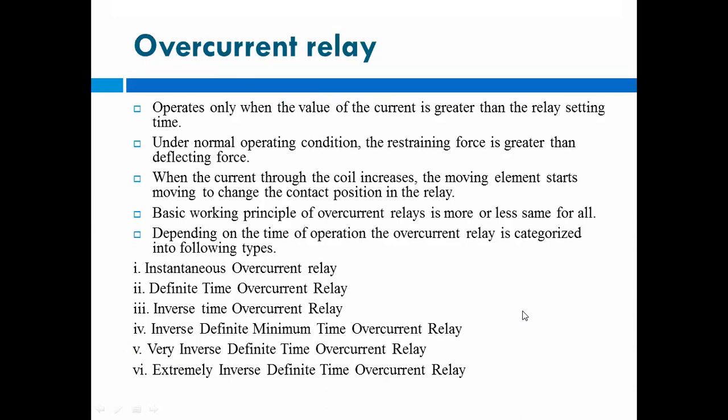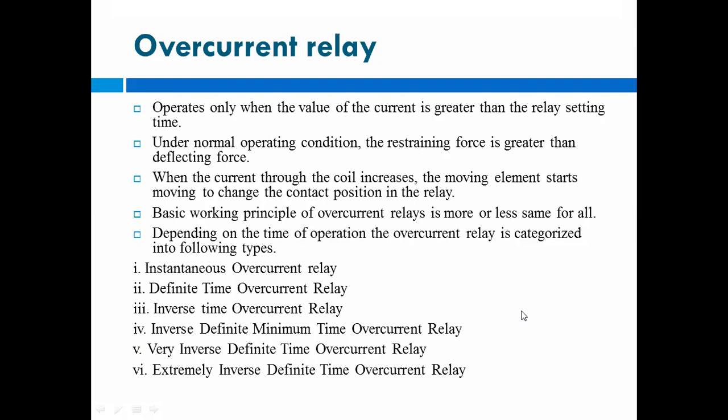The overcurrent relay is the relay which operates when a current more than the set value of the relay is flowing through the circuit or through the relay. At that time this relay will operate. That is the overcurrent relay, right?